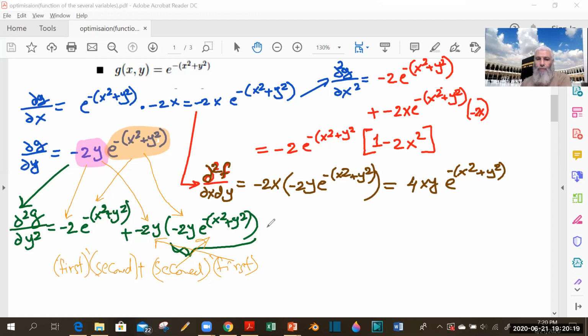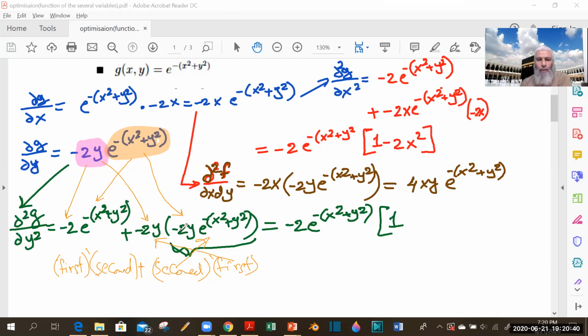Did you understand it? Yes. Right. Now we can take negative 2 e power this bracket as a common factor. Negative 2 e power negative x squared plus y squared common factor. And we have here 1.